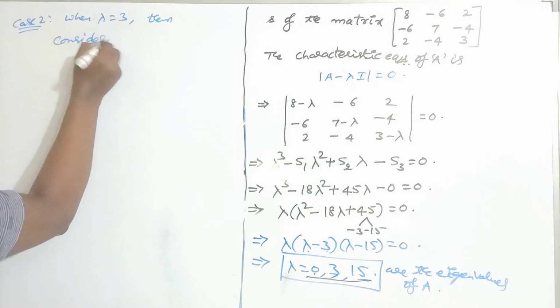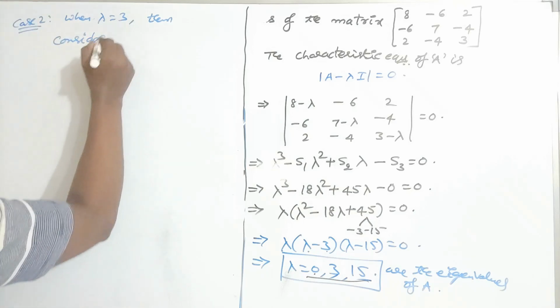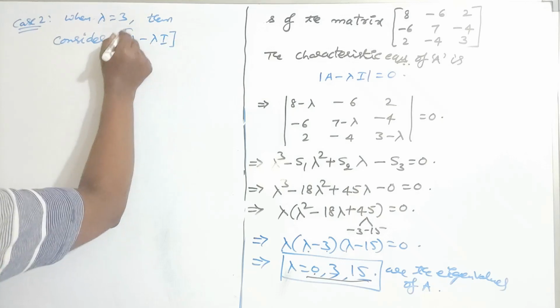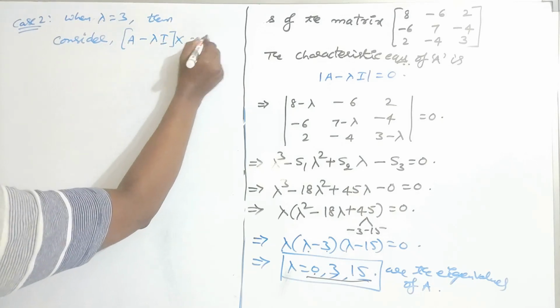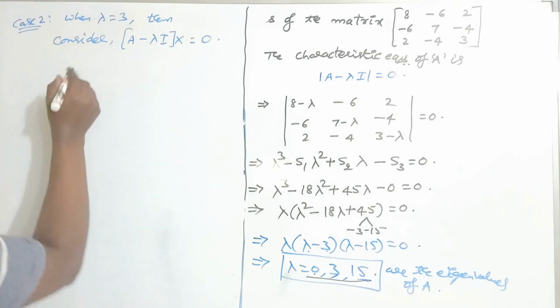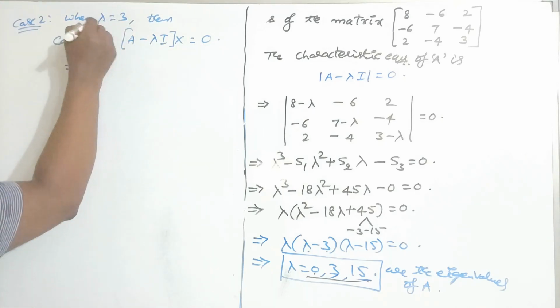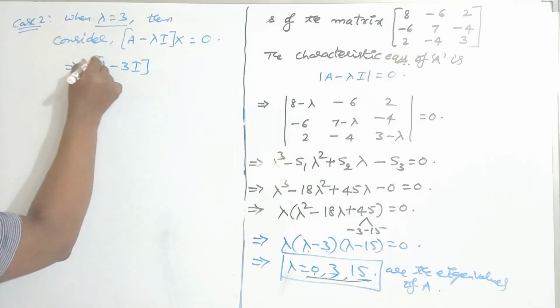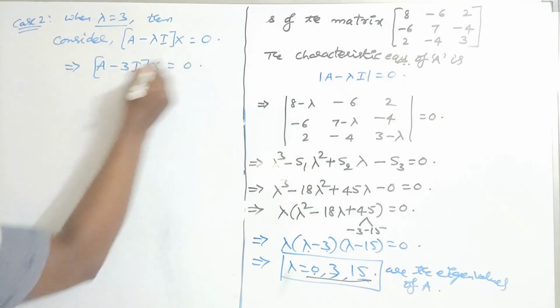The coefficient matrix should be the characteristic matrix. A minus lambda I of x is equal to O. This is not 0, it is O, the null matrix. Replace lambda with the respective eigenvalue: A minus 3I of x is equal to O.